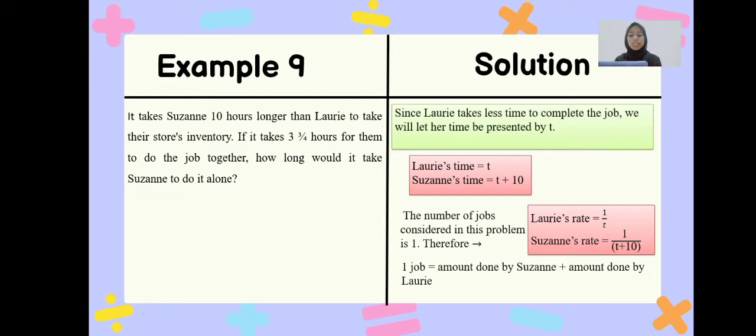So Laurie's time equals t, and Suzanne's time equals t plus 10. The number of jobs considered in this problem is 1. Therefore, Laurie's rate is 1 over t, and Suzanne's rate is 1 over t plus 10. One job equals the amount done by Suzanne plus the amount done by Laurie.